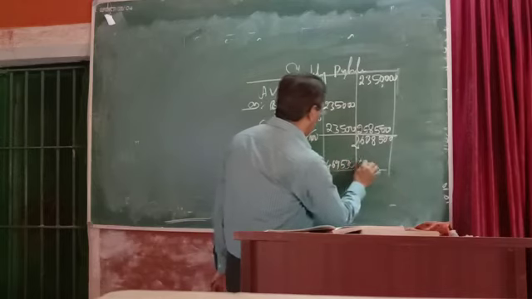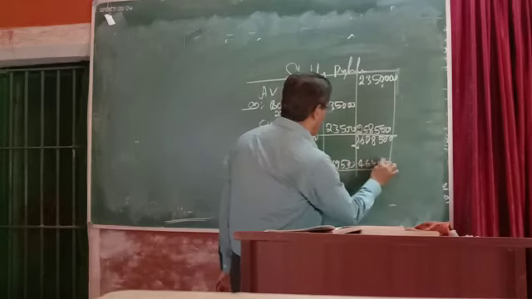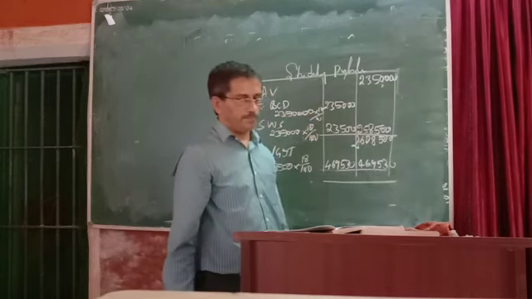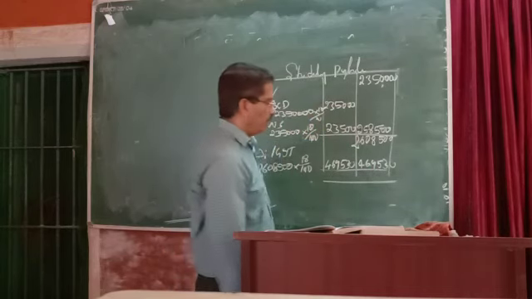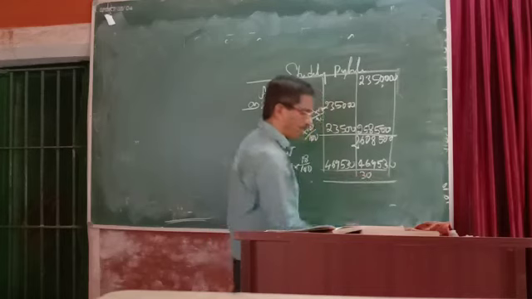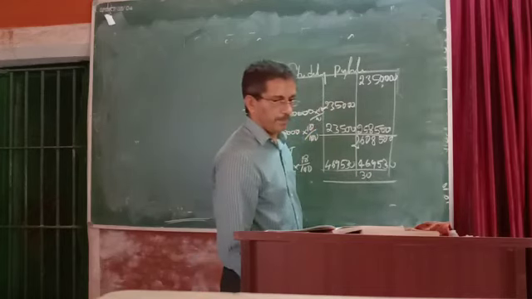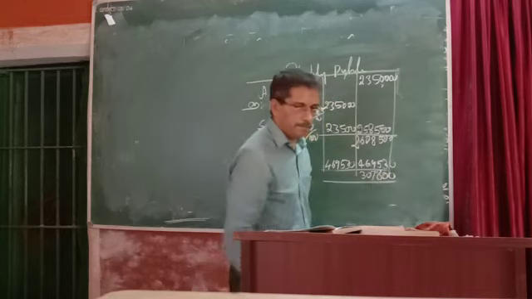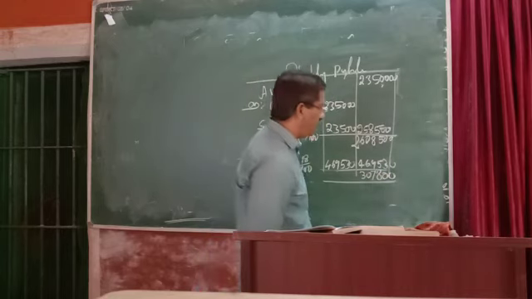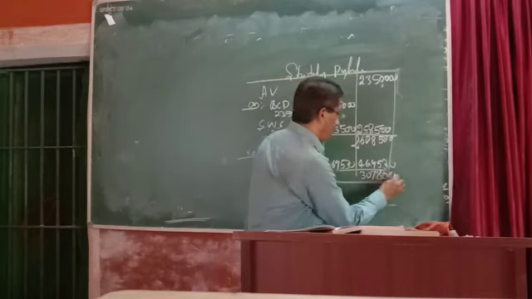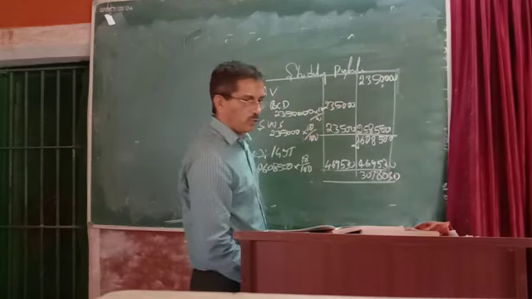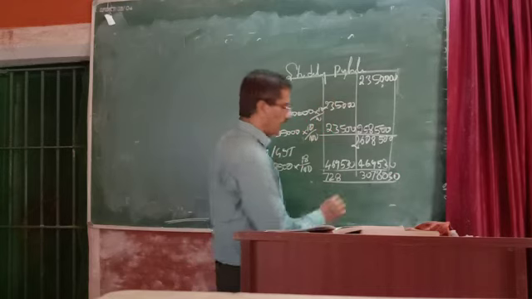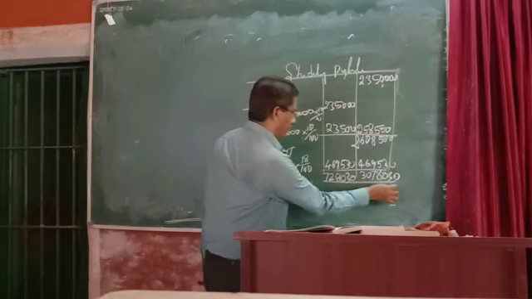Put it in the outer column. Do the total of this. This total should be 30 lakh 78,030. This column should be 7 lakh 28,030.